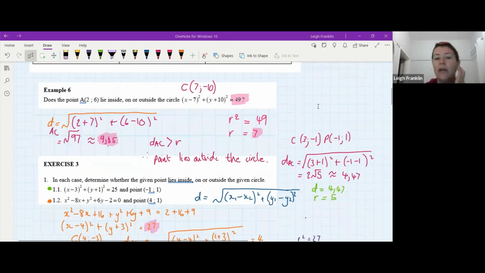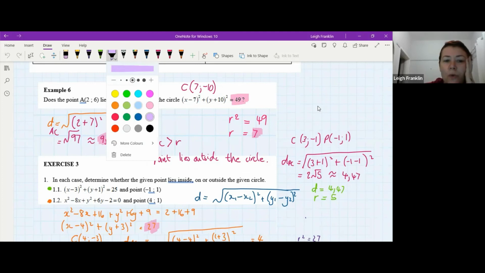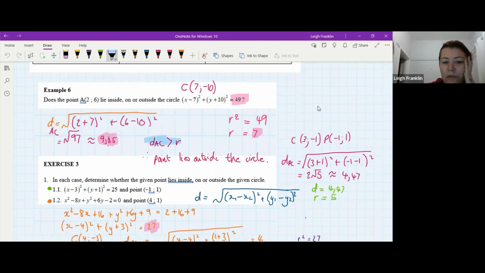If you have a look here in my answer, before I made my conclusion, I stated my findings. In maths, you are supposed to do that. What I'm highlighting in blue, I said AC was greater than R, and that's why the point lies outside the circle. You are supposed to do that, yes, because that is the crux of the matter. So yes, you are supposed to state it.